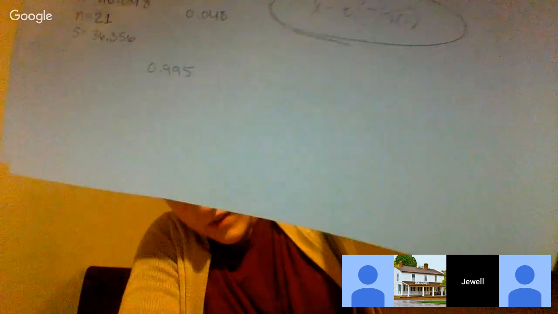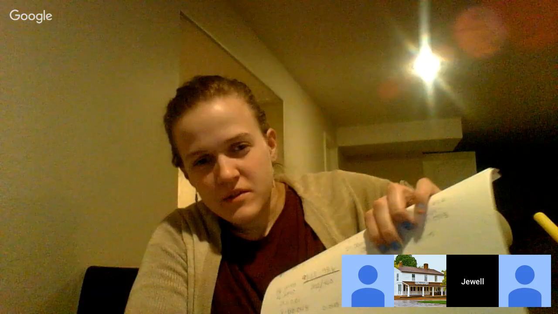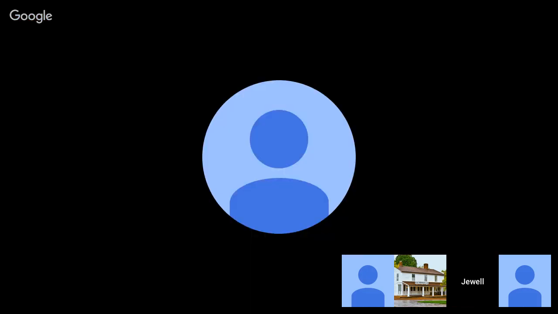Just making sure I wrote that down right, because I don't remember. And then our sample standard deviation is 36.356. Square root of 21.